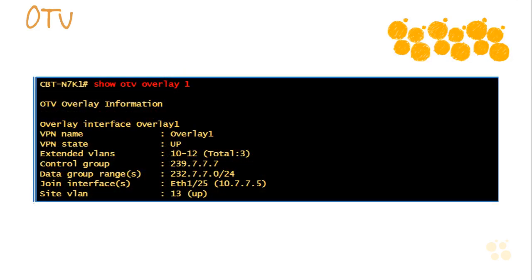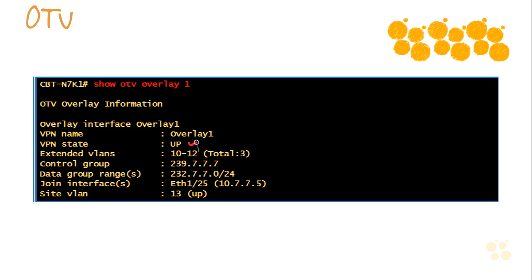Now, should you not be seeing the adjacencies that you expect to see, a great follow-up command would be show OTV overlay and then your overlay number. Notice that this is going to really give us two pieces of information that are absolutely key.